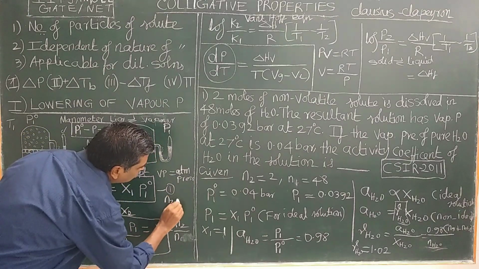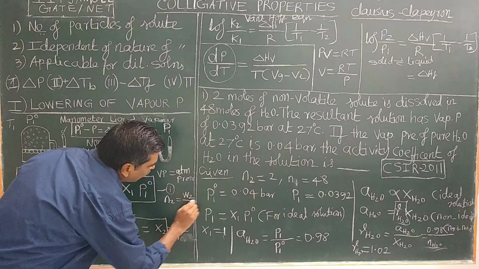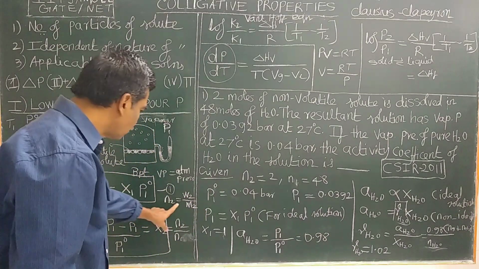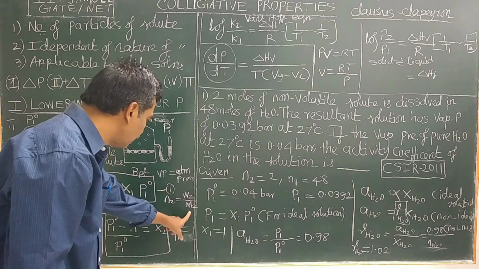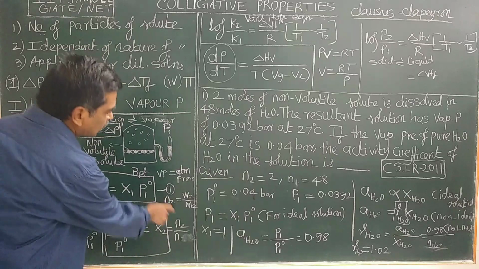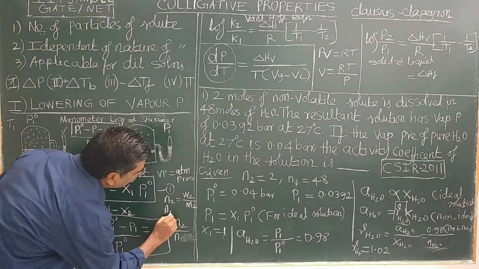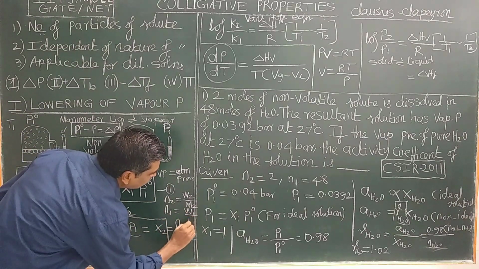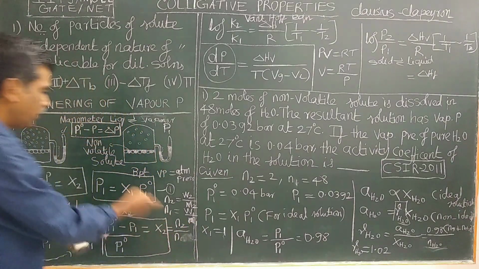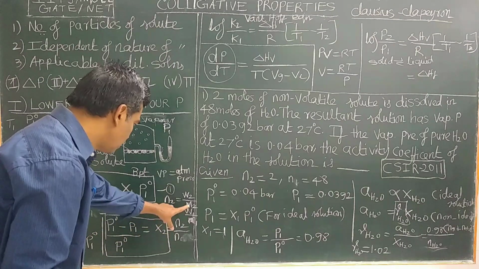N2 is equal to W2 by M2: the number of moles of solute is equal to the weight of the solute divided by the molecular mass of the solute. Similarly, N1 equals W1 by M1, the molecular mass of the solvent. Therefore, you can substitute here.